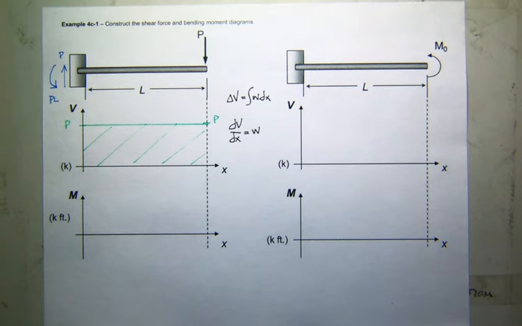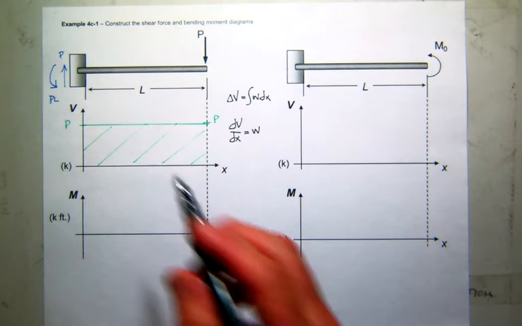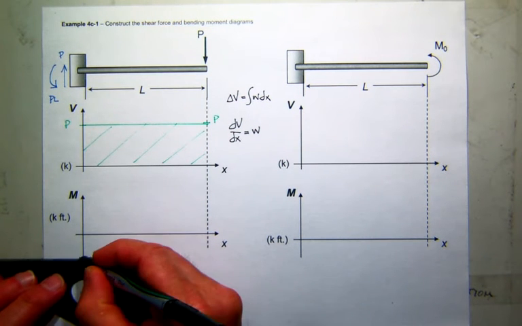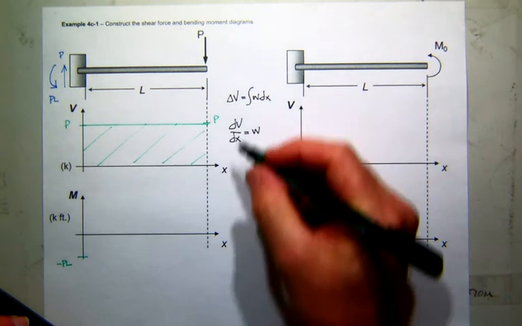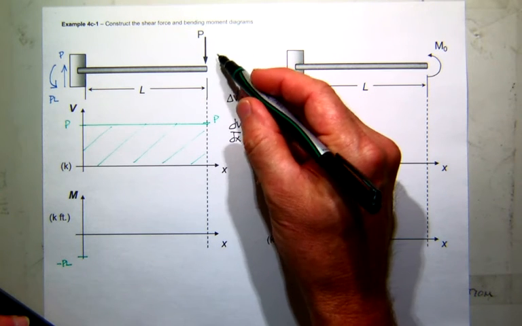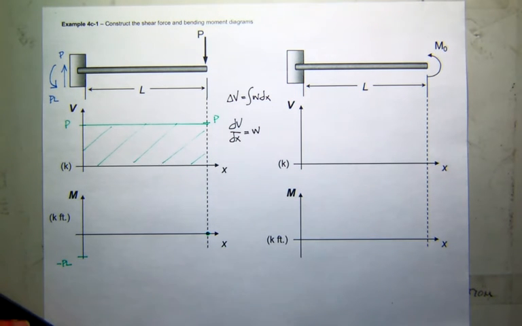Let's do the moment diagram. We know our bending moment reaction is negative PL, so I'm going to start with negative PL. And we've talked about how the free end, since it doesn't have an applied moment, has a moment of 0.